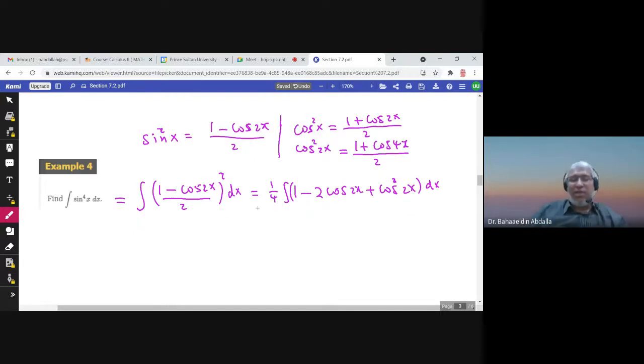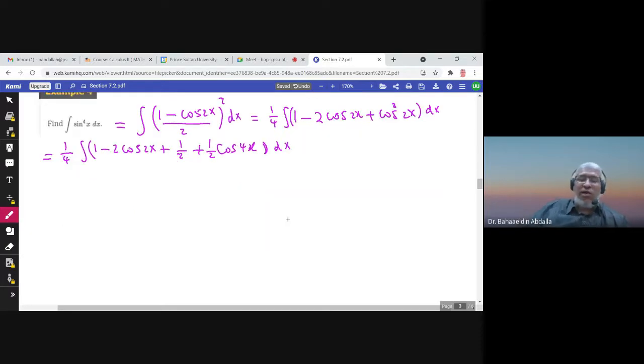So I can write this integral as 1 over 4 integral 1 minus 2 cosine 2x plus cosine square is 1 over 2. I can distribute the numerator over the denominator, 1 over 2 plus cosine 4x over 2, or half cosine 4x dx.